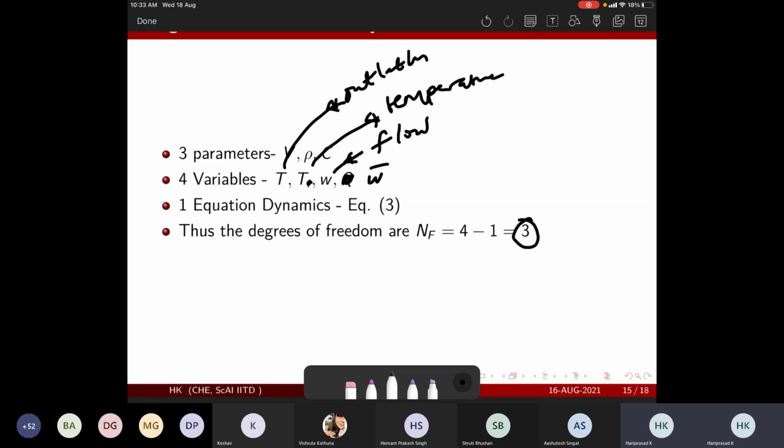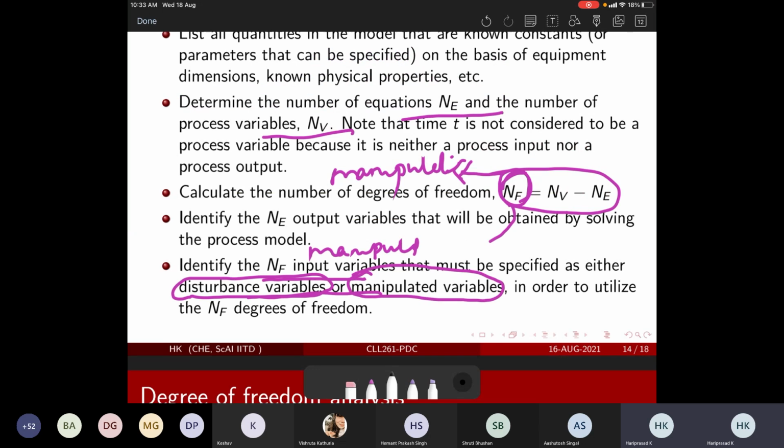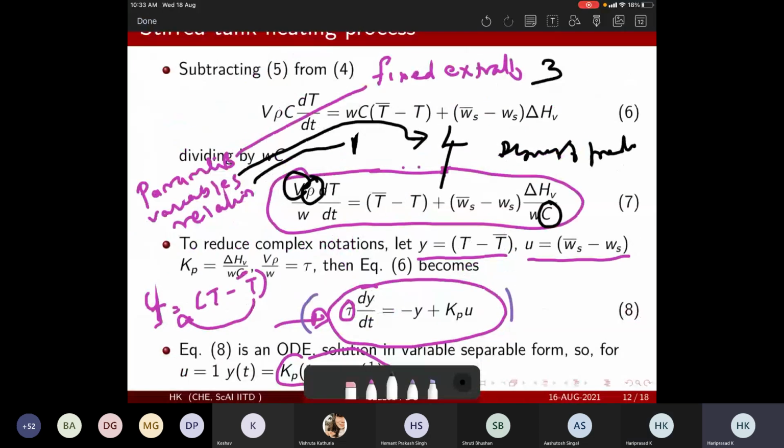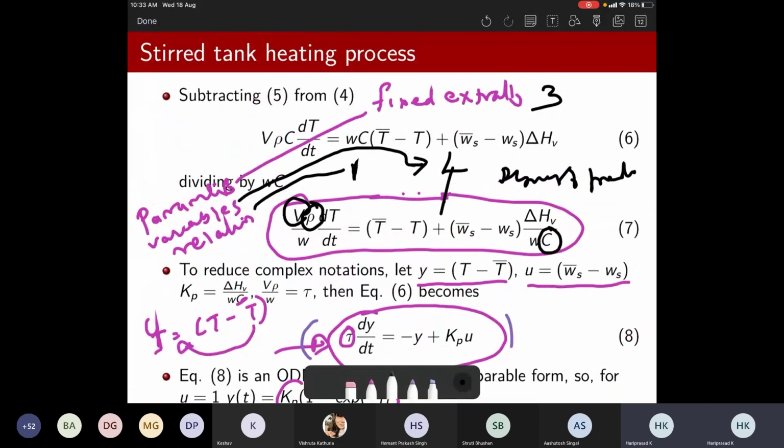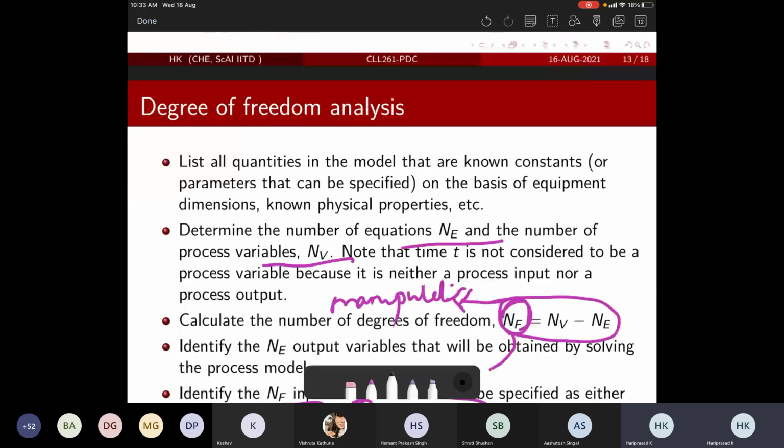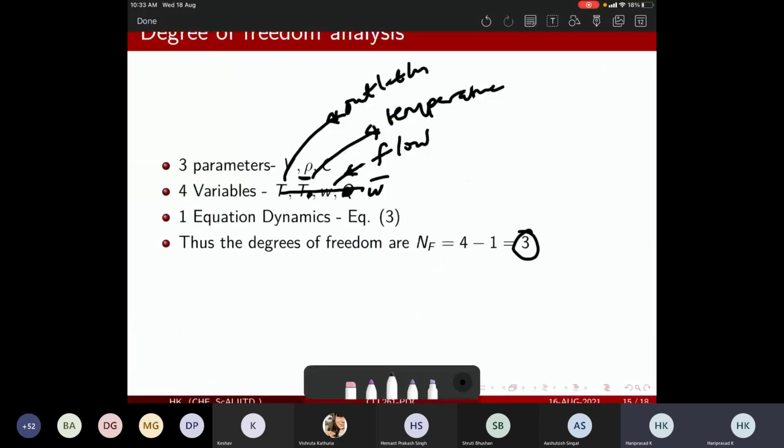So technically this is T_i, T bar, W bar, W. These are the 4 variables that you can play around with. Consider that a typo. And you have one equation, which means that you have 3 degrees of freedom. So you can vary at least 3 things to make things controlled.